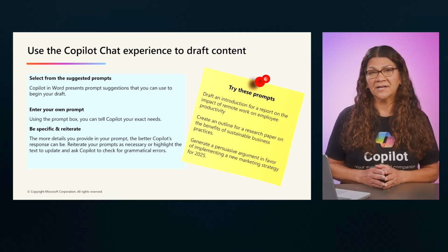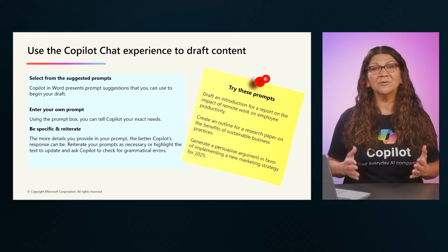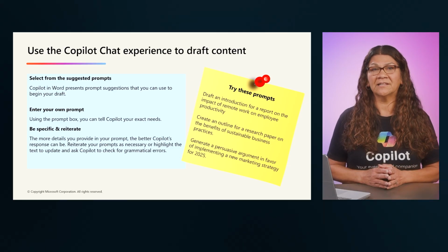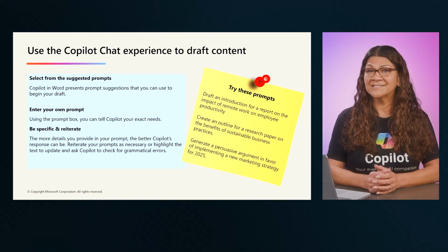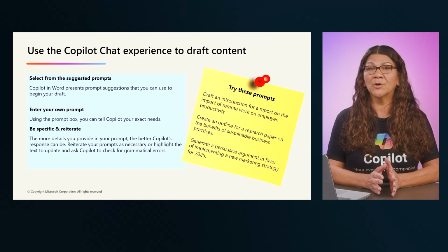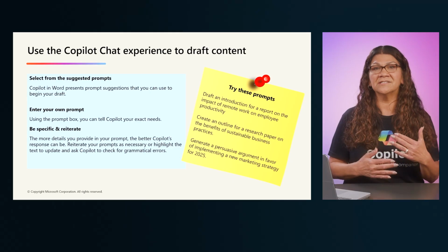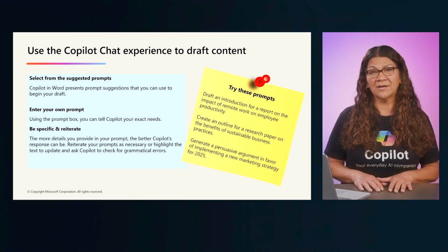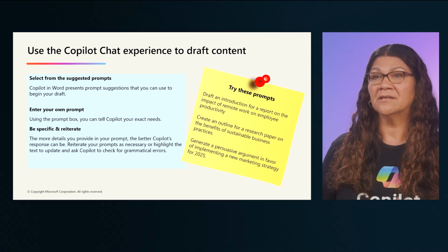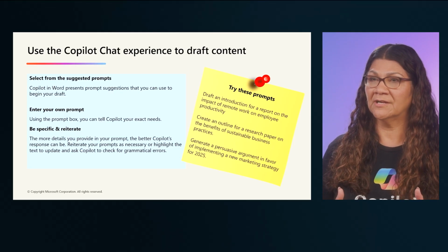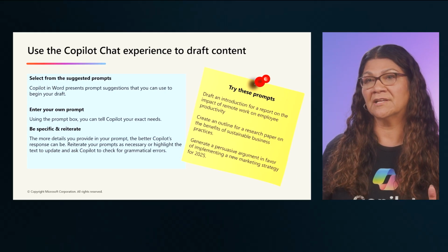Whether you're drafting an introduction, building an outline, or shaping a convincing argument, in a real-world scenario, a manager preparing a leadership report on remote work can prompt Copilot with draft an executive-level introduction on how remote work impacts productivity, and then iterate by highlighting sections and asking Copilot to refine the language, tighten the clarity, or check grammar. By being specific and iterating, Copilot becomes a powerful co-author, helping you go from a blank page to a polished, share-ready draft with far less effort.